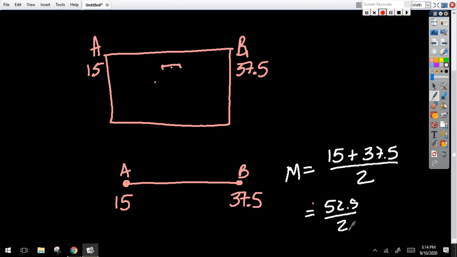So the middle would be right at 26.25 inches. That would be exactly the middle. 26.25. So a fairly easy concept here, and that would make both of these sides the same.